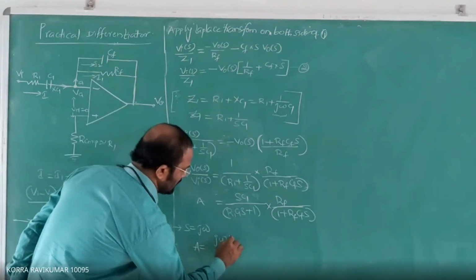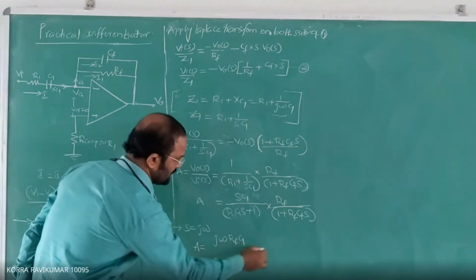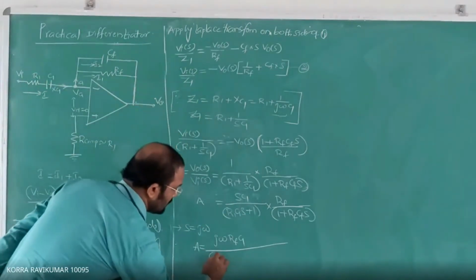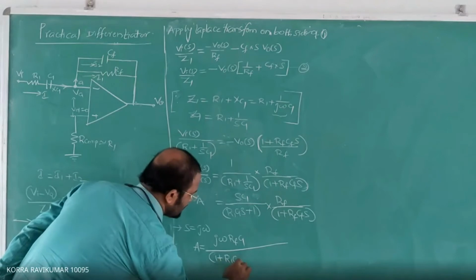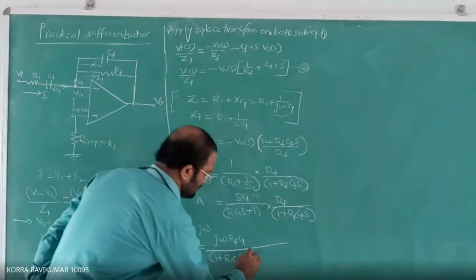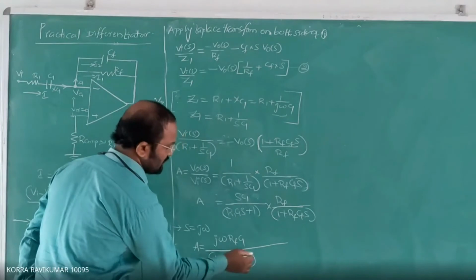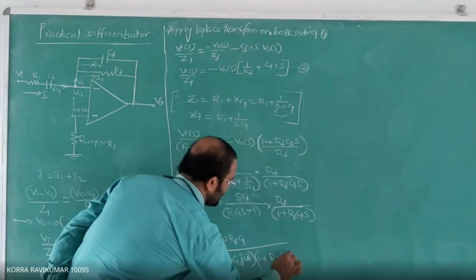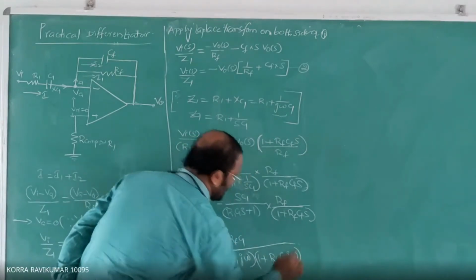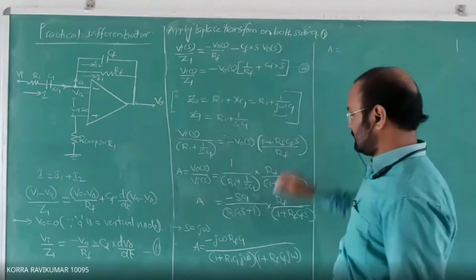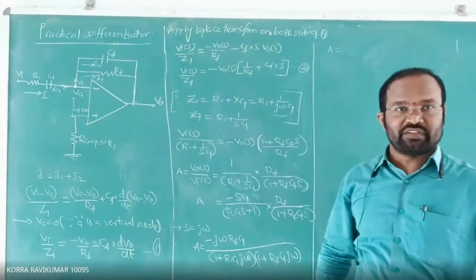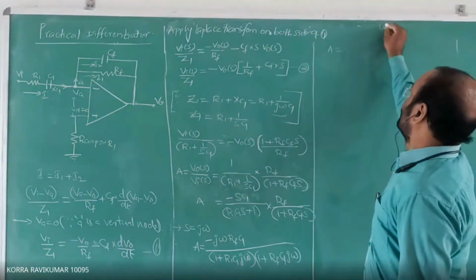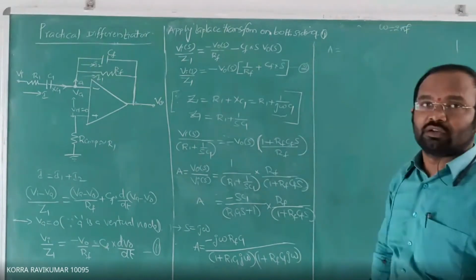Then gain is equal to J omega RF into C1 in the numerator, whole divided by the denominator 1 plus R1 C1 into J omega, because S equals J omega here, into 1 plus RF CF into J omega. Omega is a frequency component, we know that. Omega is equal to 2 pi f, a well known value. Substitute that.